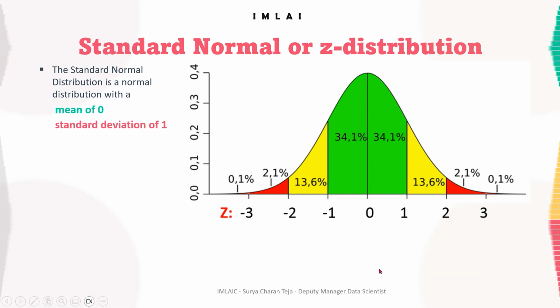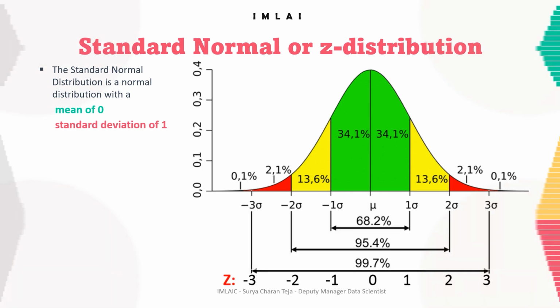You will not find mu, and you will not find standard deviation. You will find only values 0, 1, 2, 3, -1, -2, -3, and these are known as Z-scores.